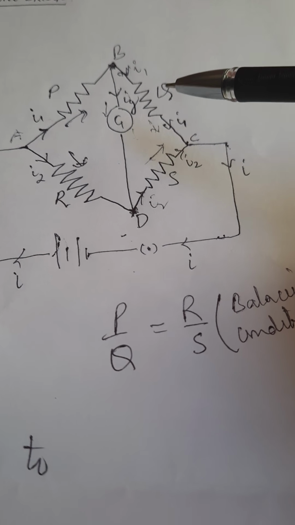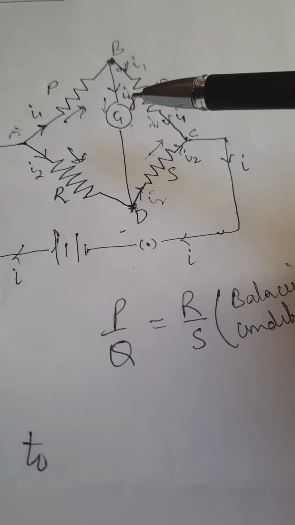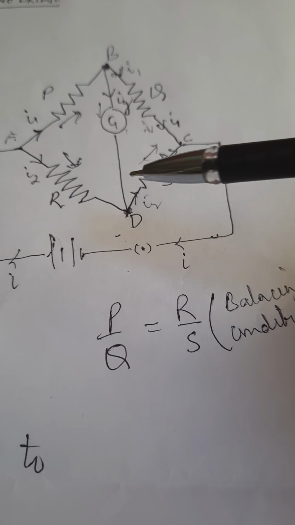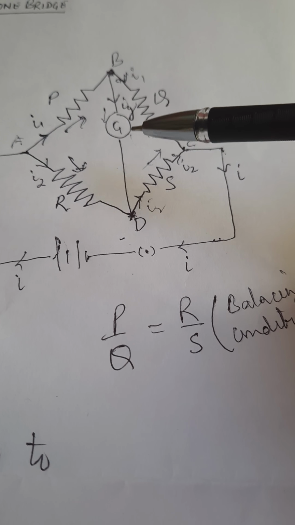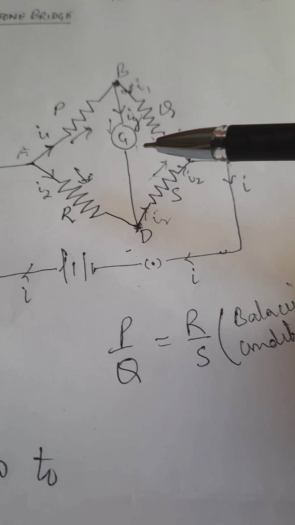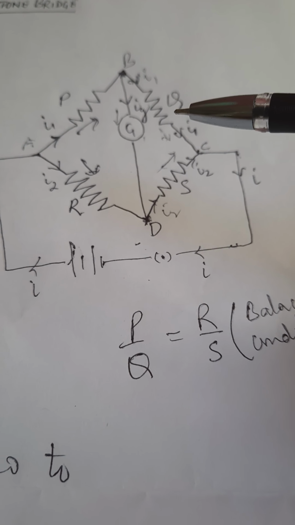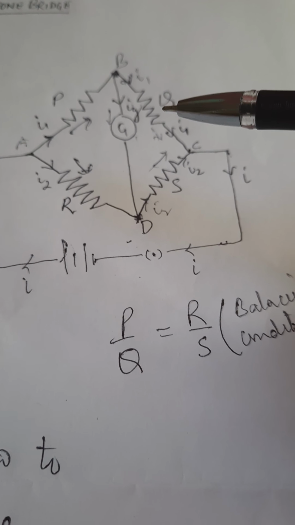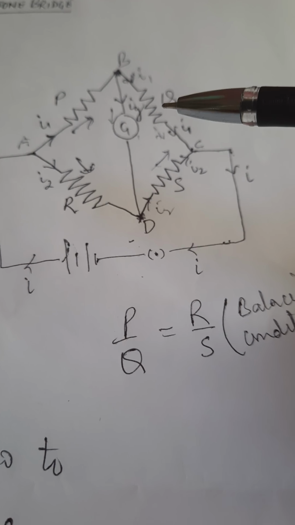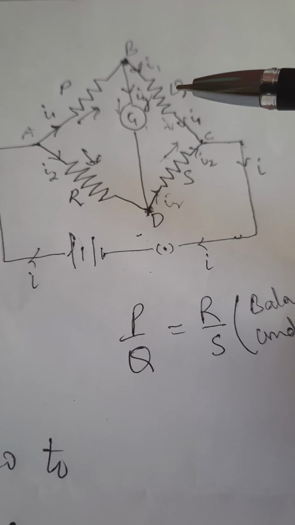And in Wheatstone bridge, this condition is a must, then only we can use it to find the value of the unknown resistance, if the value of the other three resistances is known.